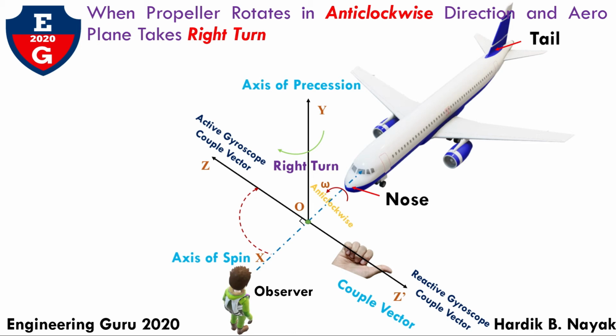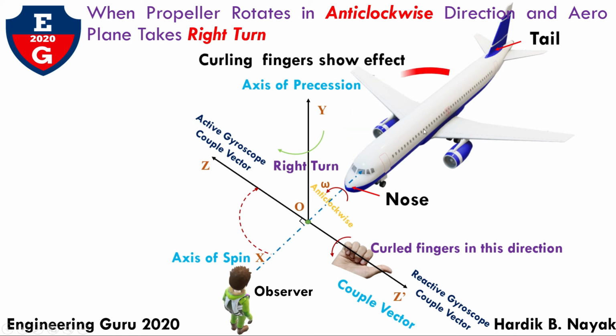Now how to get the effect on the plane? For that, match the right hand thumb with this reactive gyroscopic couple axis and curl the fingers. The curl of the fingers gives the couple direction, and the couple would be in this direction. Shifting this onto the plane like this.